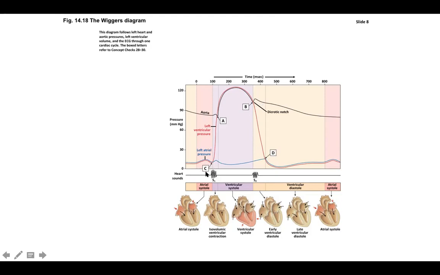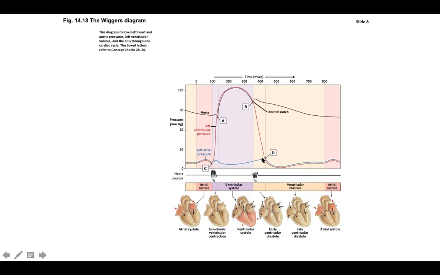If you look at point C, this shows where the pressure in the ventricle exceeds the pressure in the atrium, and it's at that point that the atrioventricular valve, like the mitral valve, closes so that no more blood enters the ventricle.